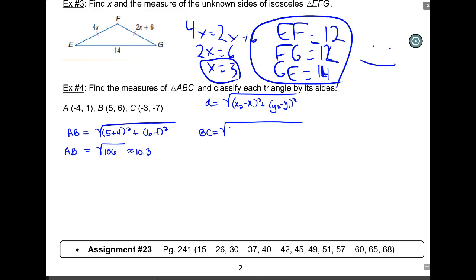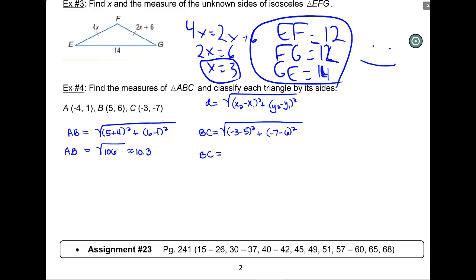So BC is going to be -3 minus 5 squared plus -7 minus 6 squared. This will be -8 squared, so that'll be 64. -7 minus 6 is -13, squared is 169.